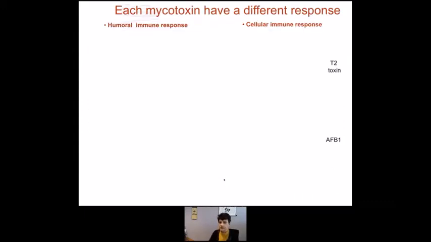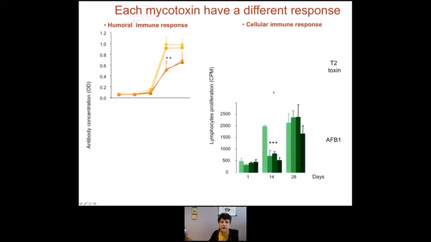So as I show you here, we looked at the humoral and cellular immune response for 2 mycotoxins, T2 toxin and Aflatoxin B1. For T2 toxin, we had a decreased immune response, especially in terms of antibody production. With aflatoxin, we had a decreased lymphocyte proliferation.